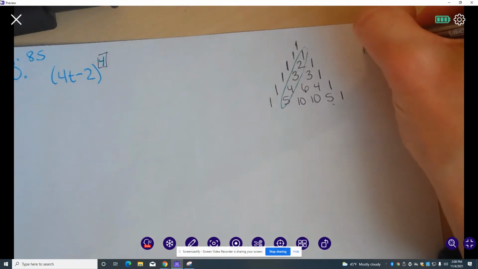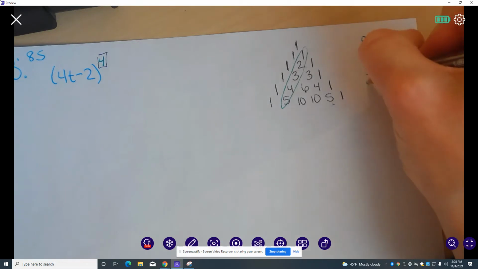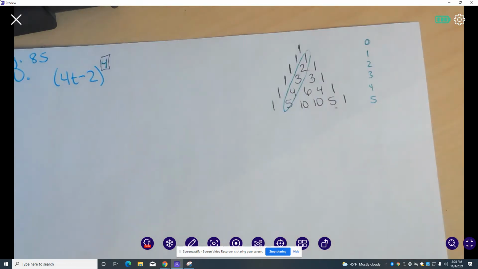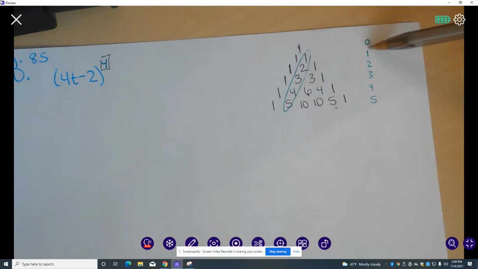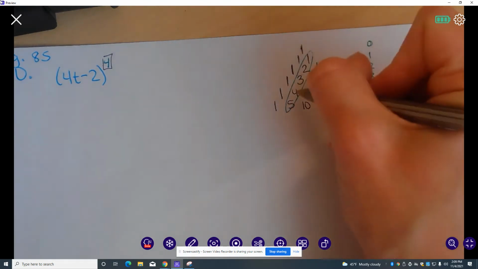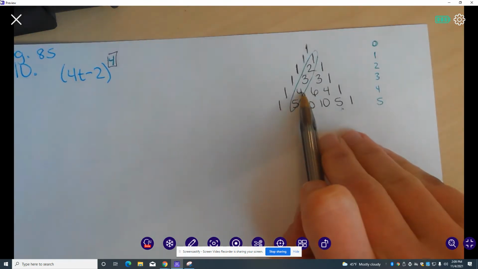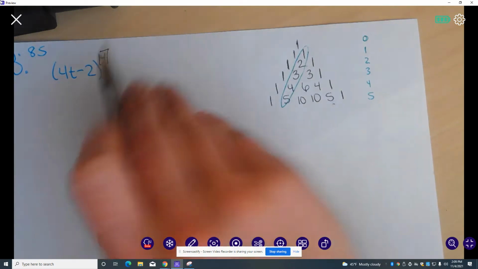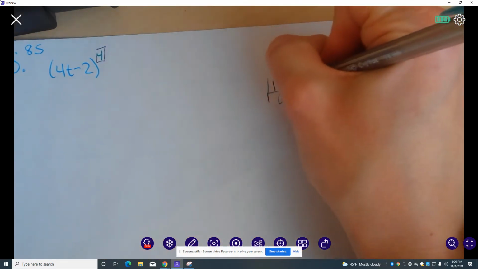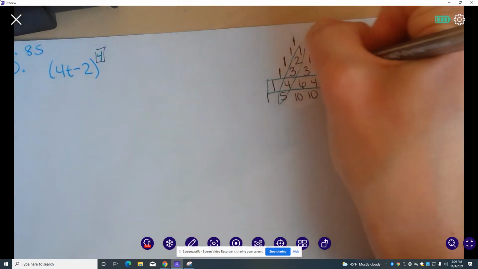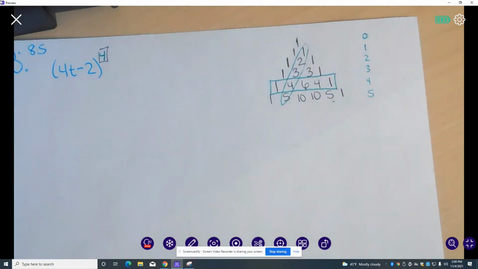Then we have 1, 2, 3, 4, 5, and so on. So the row that we want to use to help us expand this is the 1, 2, 3, 4, fifth row down. It's the row that has the 4 here that matches my exponent. So this row here is the one I'm going to use.